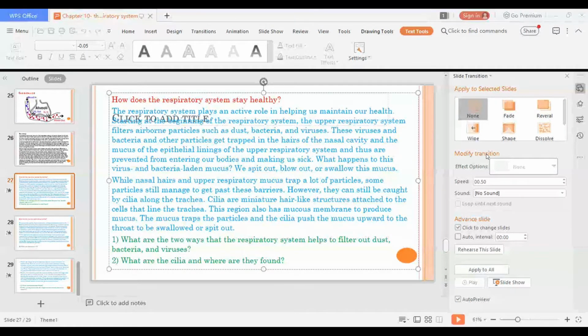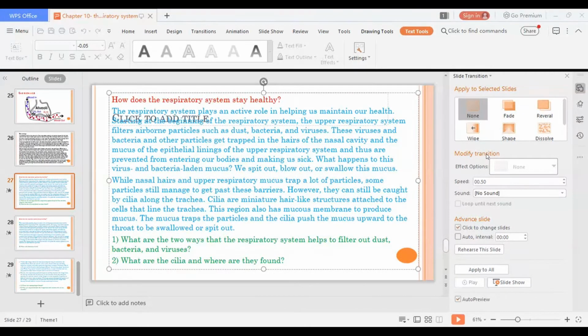Okay, that's good. So you have just answered question number two. Cilia are miniature hair-like structures, right? And where are they found? They are attached to the cells that line the trachea. So cilia can be found inside your trachea, in the cells of your trachea. Thank you, Huy. You're welcome.